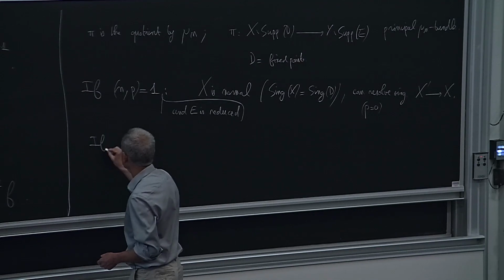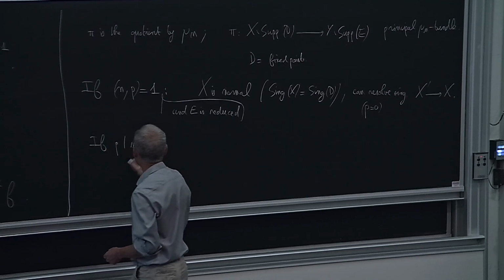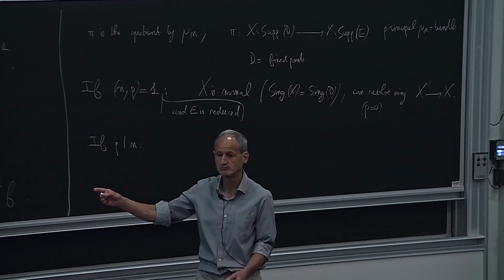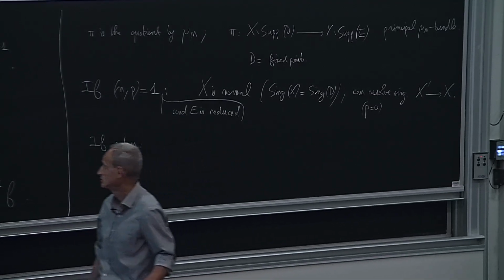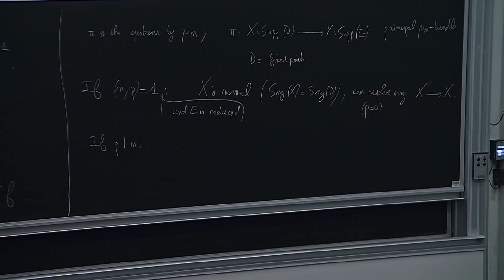And the thing is, if p divides n, then all the things change. Think of this mu n as a group scheme.